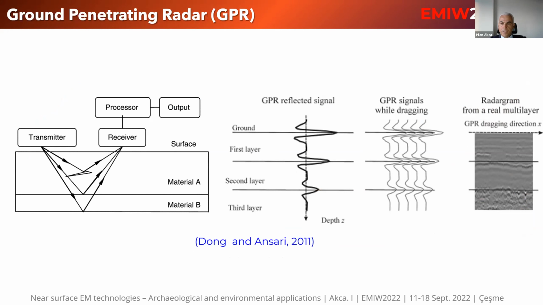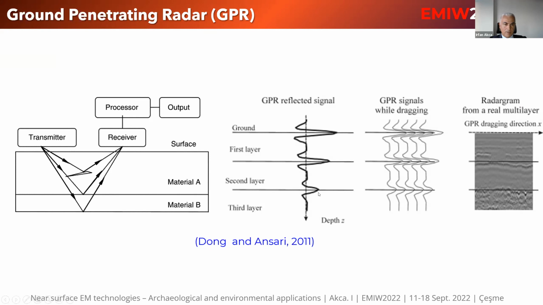We emit high frequency EM waves into the ground from a transmitter, and we record them with a receiver where the waves are reflected, refracted, or diffracted from different environments or objects. This electromagnetic method, therefore, is a time domain method where the traces are recorded as a function of time.